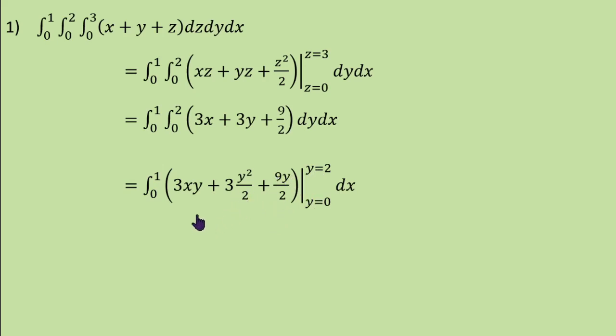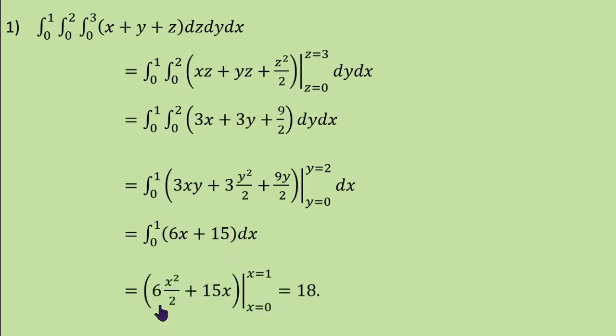9, 9 plus 6 is 15. Therefore, 6x plus 15 is integrated with respect to x from 0 to 1. Integral of x is x square by 2, and integral of 15 is 15 into integral of 1, that is x. Therefore, 6 into x square by 2 plus 15x.